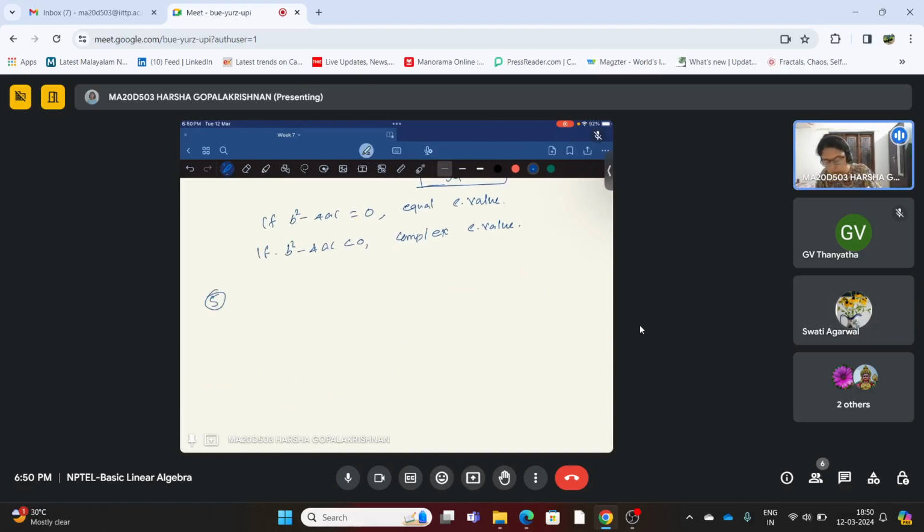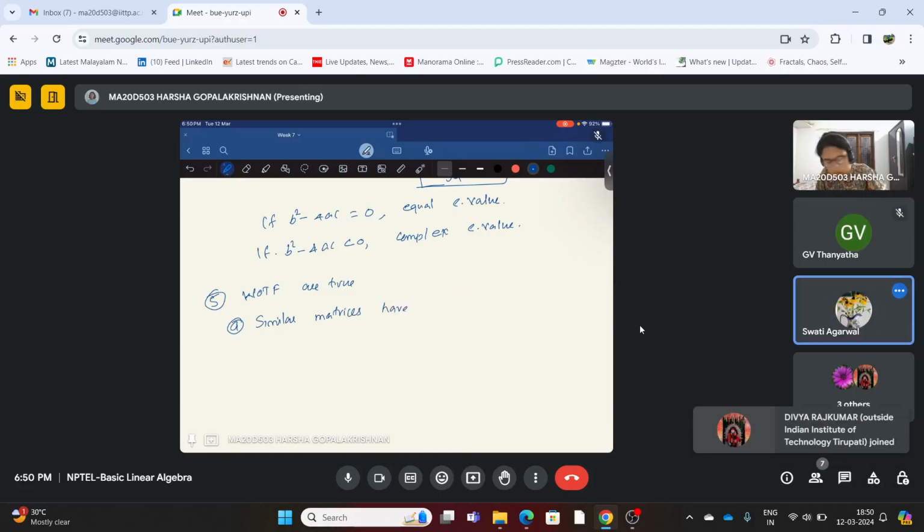So the next question: which of the following are true? First, similar matrices have the same characteristic equation.